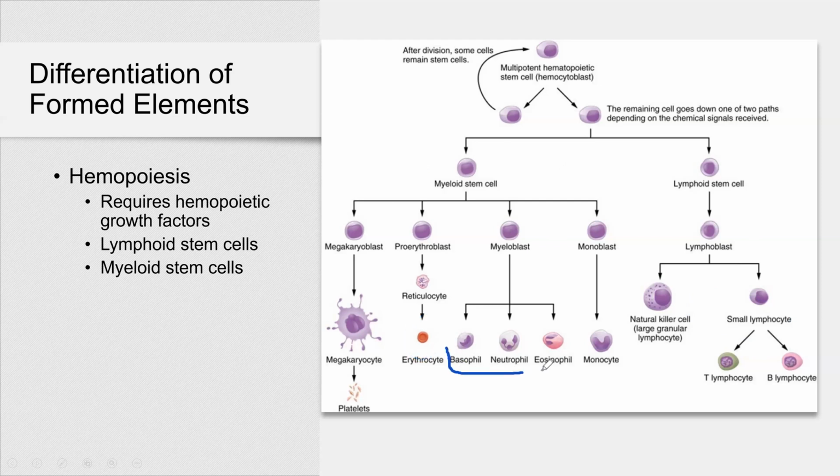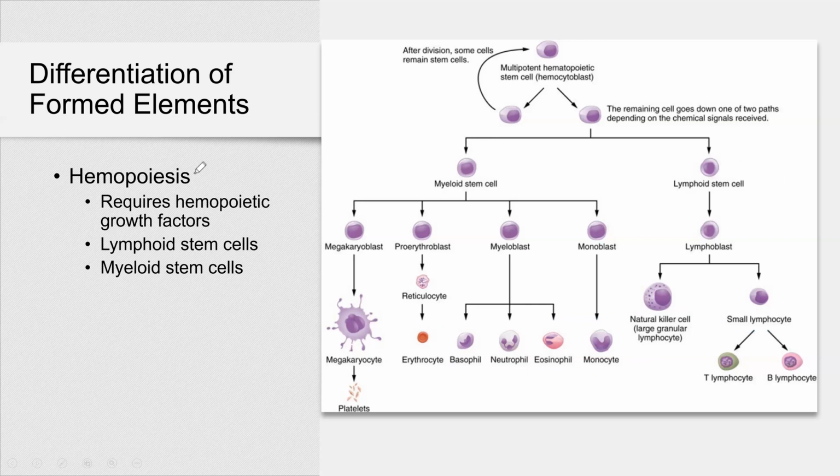So here, basophil, neutrophil, eosinophil, monocyte, and platelets. So here are our platelets, red blood cells, and all these white blood cells. Only the natural killer cell, also a white blood cell, and small lymphocytes come from lymphoid stem cells.